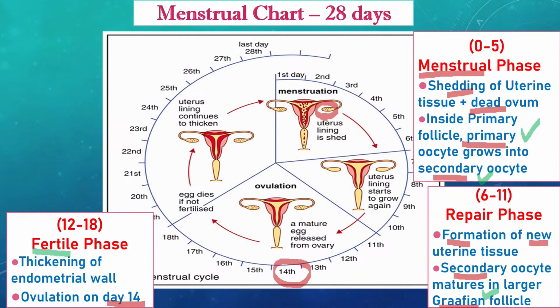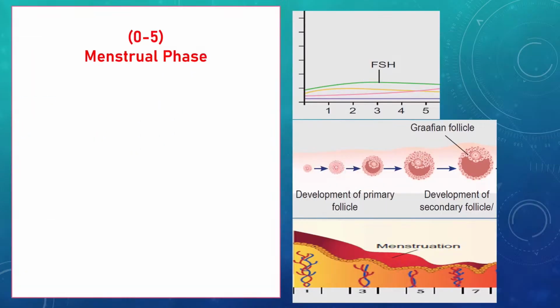And then there is also continuous thickening of the endometrial wall. Whatever repaired in the second phase will continue to thicken during the third phase. So what happened in the wall? The endometrium wall continued to thicken. What happened in the ovary? Ovulation on day 14. Next, move on to the last phase.